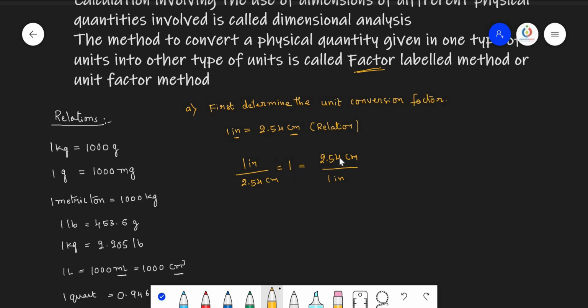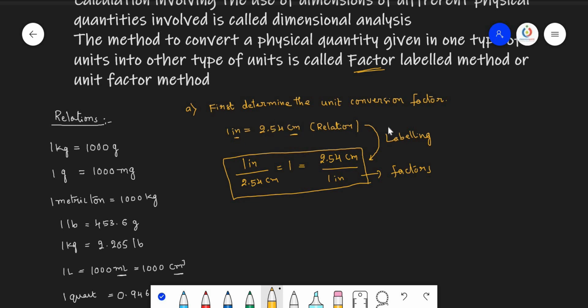So what is this? Writing a relation into this particular form is called labeling, and these are called factors. So we are writing the given physical quantity into a factor, hence it is called the factor label method.